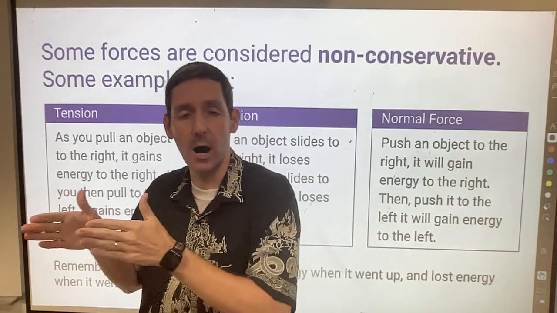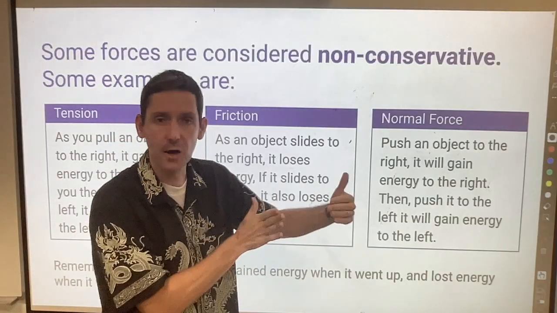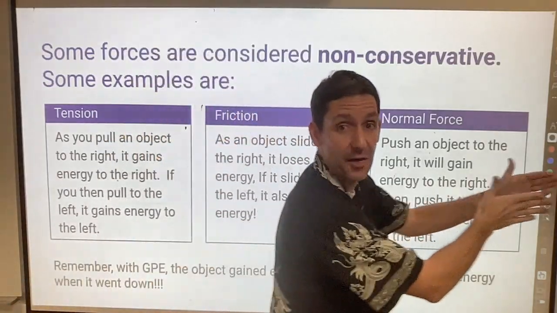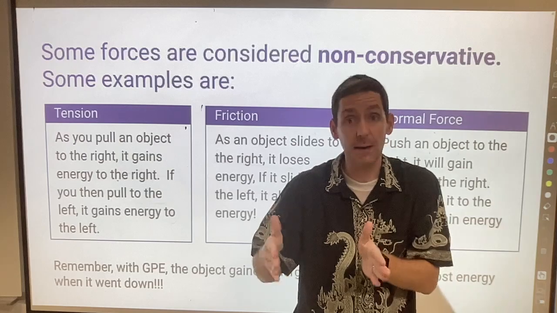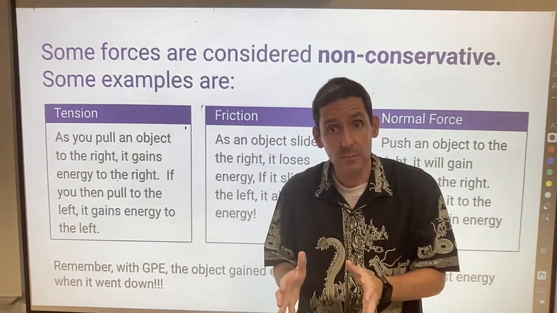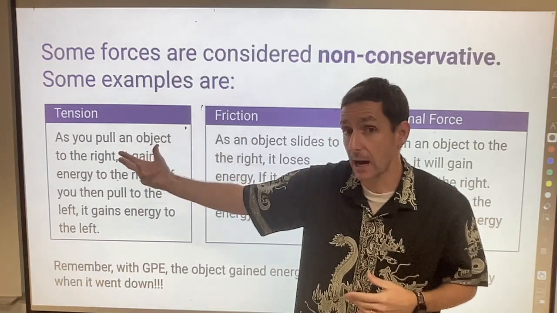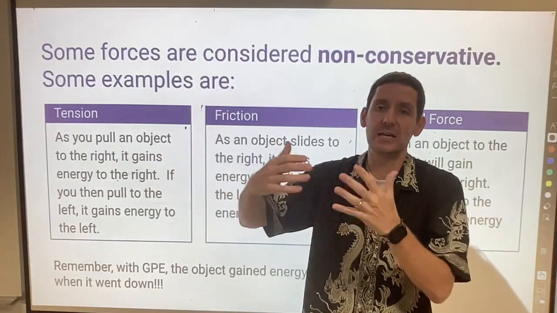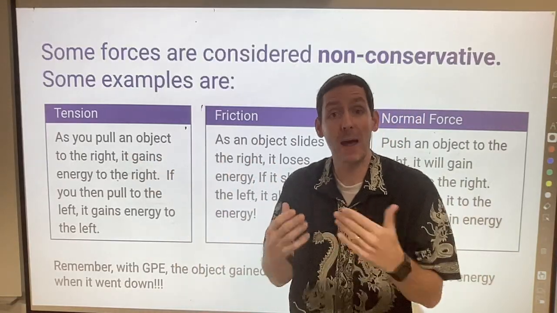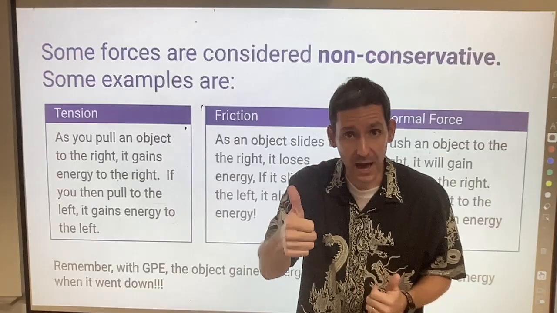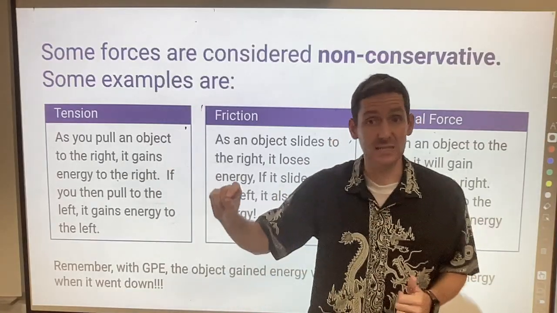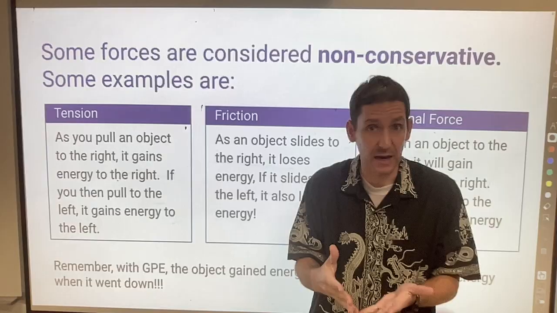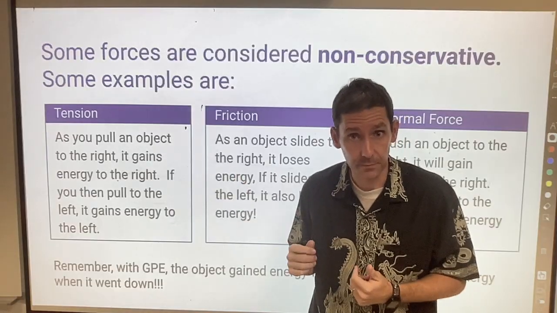But if I take that box and I slide it along the desk and I take a much longer path and end up in the same place, I'm going to lose a lot more energy because I'm going to have friction for a lot more time. Therefore, friction is non-conservative because the path matters. The path matters, and pulling it different directions actually causes the same effect, to lose energy for friction, okay?